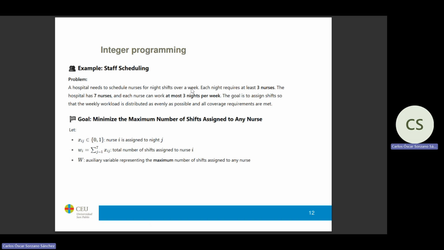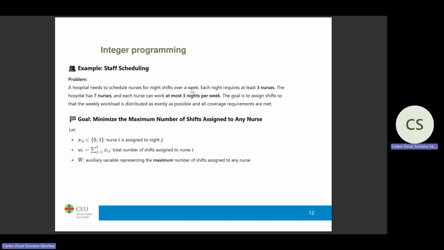So the goal is to assign shifts so that the weekly workload is distributed as evenly as possible, and all coverage requirements are met. So this is the goal function that we will need to see how to formulate. These are the constraints. The goal is to minimize the maximum number of shifts assigned to any nurse.